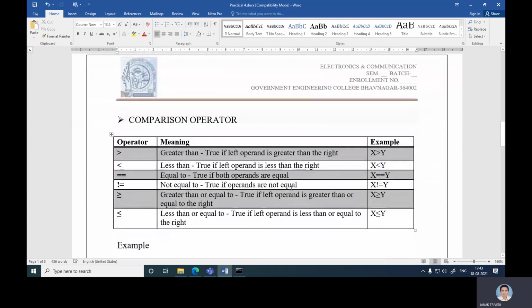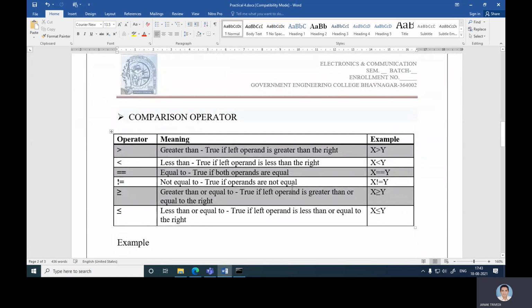Now next is comparison operator. In comparison operators, 6 kinds of operators are there: greater than, less than, equal to, not equal to, greater than or equal to, and less than or equal to. And here examples are mentioned. Greater than means it's true if left operand is greater than the right. So basically it gives the comparison result, true or false.